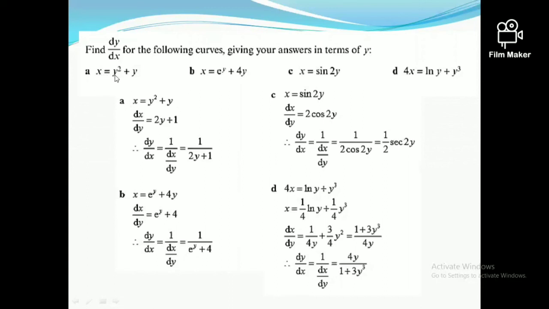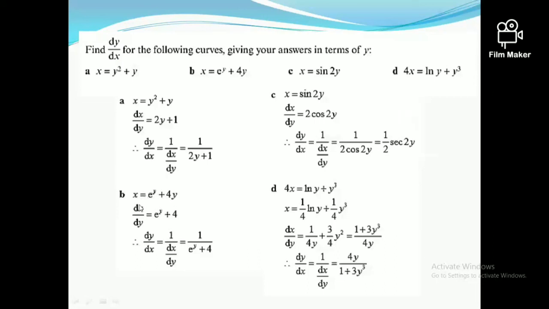First question is x equals y squared plus y. We need to find dy by dx. We can find dx by dy. Y squared differentiation is 2y. Y differentiation is 1. Dy by dx is 1 over dx by dy. Therefore, you can write 1 over 2y plus 1. Right. If you come over here, x is e to the power y plus 4y.